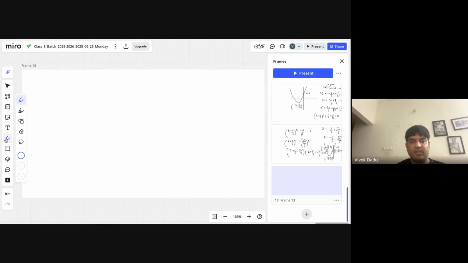Then type 4 in this. You have to be clever with it. No x-axis intersection point.